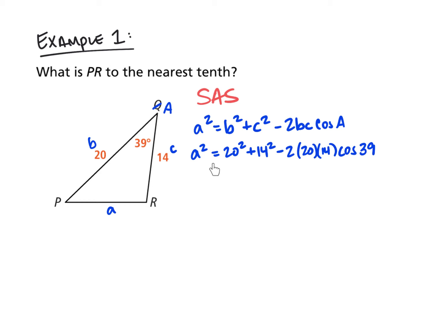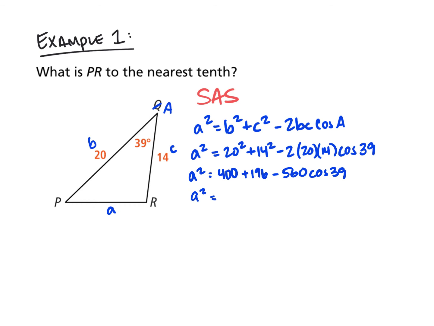I'm going to take it step by step just to show you what it would look like. So I'm going to have now a squared equals 400, that's 20 squared, plus 196, that's 14 squared, minus, let's see, that'll be 2 times 20 times 14, so that's 40 times 14. That's going to be 560, so minus 560 cosine 39.